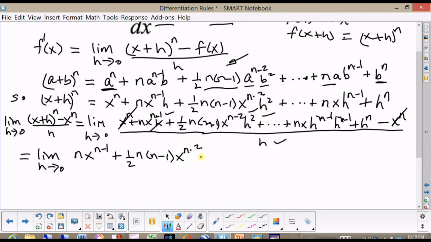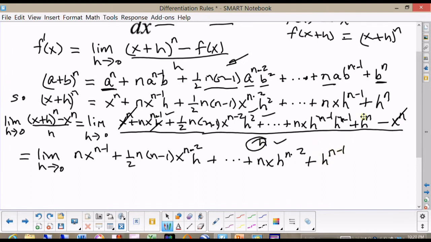Instead of h squared, you'll have h because one of the h's cancels, plus dot dot dot plus n x h to the n minus 2 plus h to the n minus 1.